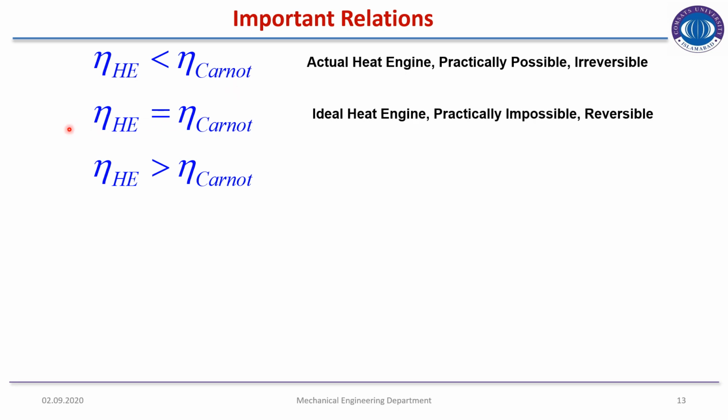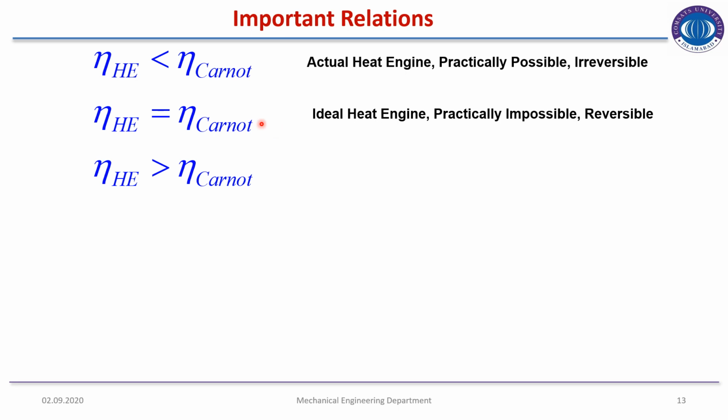In the ideal scenario, it is written here, an ideal heat engine will have efficiency equal to the Carnot heat engine. So if any heat engine has efficiency equal to that of the Carnot heat engine, then it is an ideal heat engine, and as it is an ideal heat engine, it is practically impossible to make.